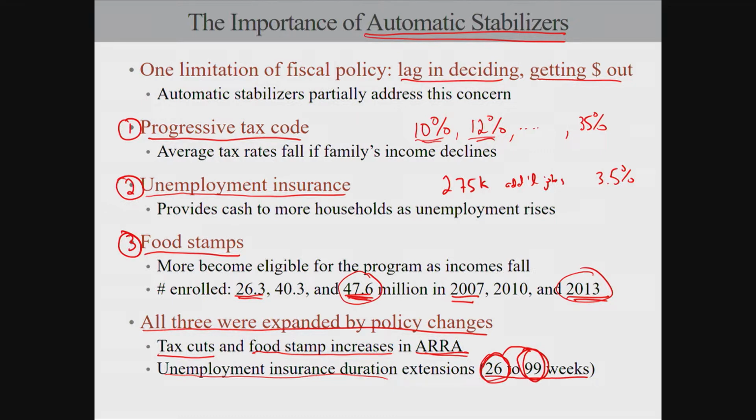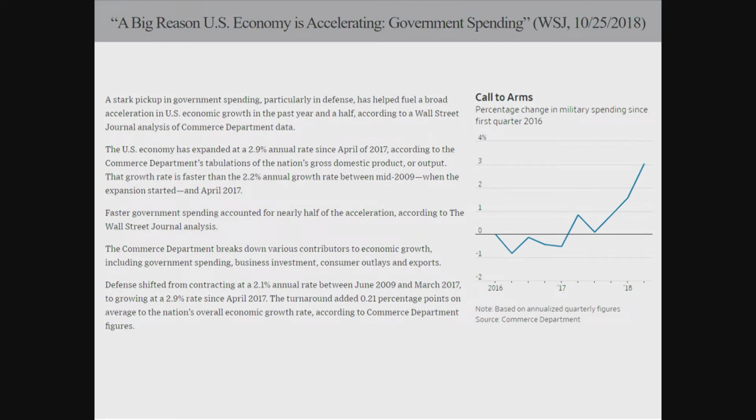And so this brings me to one of the readings on your syllabus that you're responsible for on the final, and I think it's an interesting article that looks at the acceleration in the U.S. economy. This article is from about 16 months ago, October of 2018, and it makes the point, we remember that GDP is the sum of these demand components: consumption, investment, government spending, and net exports.